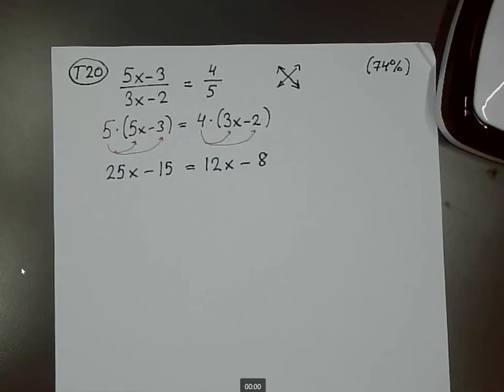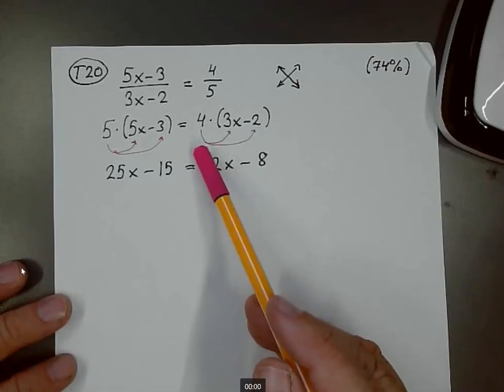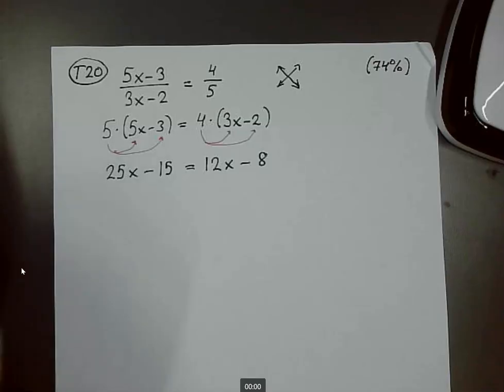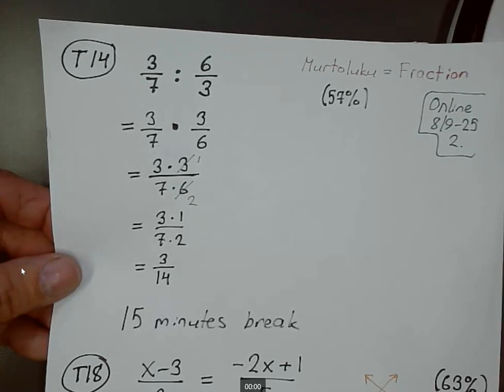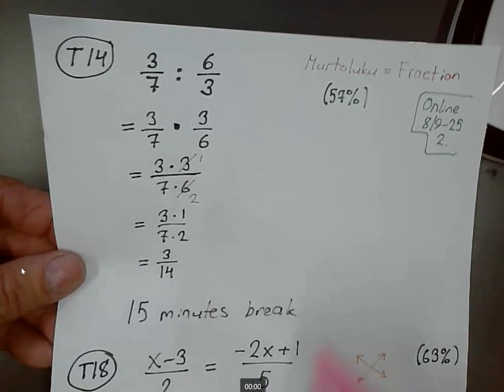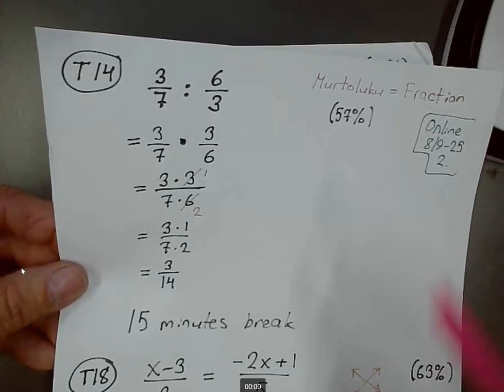There was a question in chat: when we cross multiply, are the equal signs not cancelled too? No. Probably you are thinking about, for example, in this problem we had a fraction, and one possibility to solve this problem is by cross multiplication.